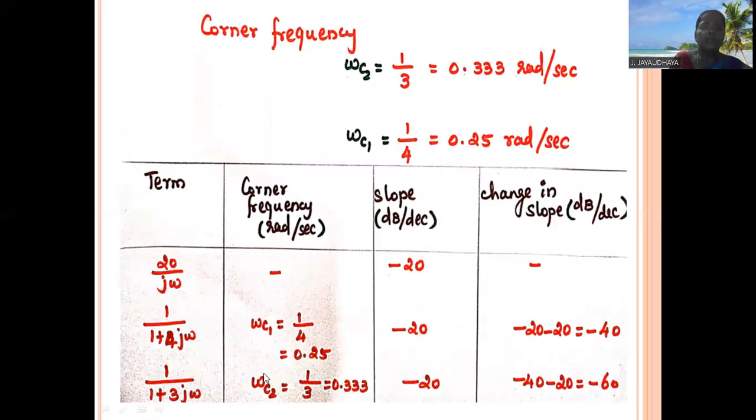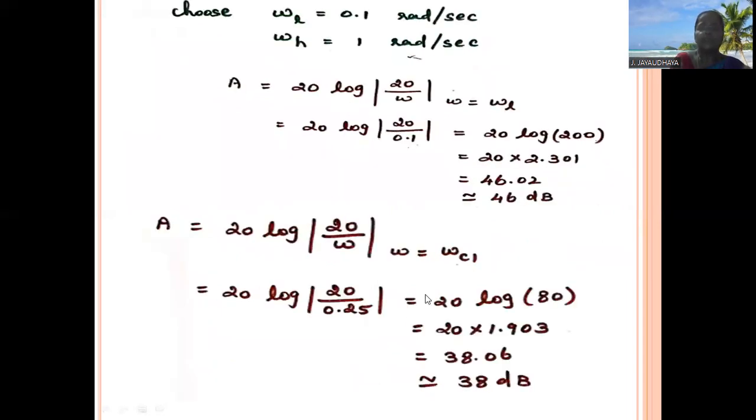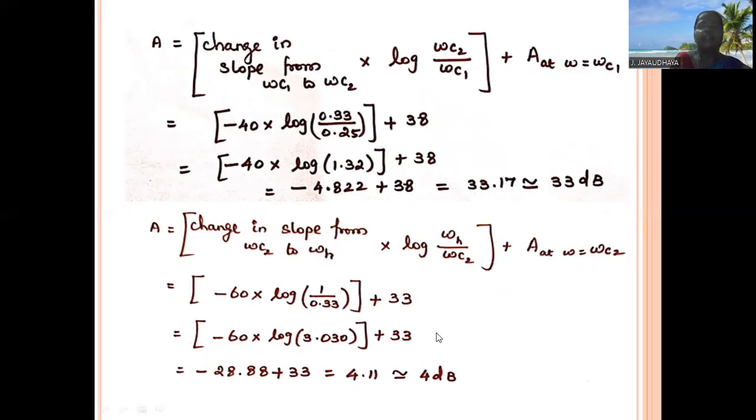From omega C1 to omega C2, the change in slope value is minus 40. So therefore, minus 40 into log of omega C2, 0.33, divided by omega C1, 0.25, plus the previous magnitude value, 38. That value only we are substituting here. After simplification, we get the magnitude value as 33 dB.